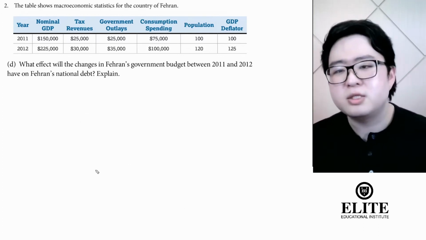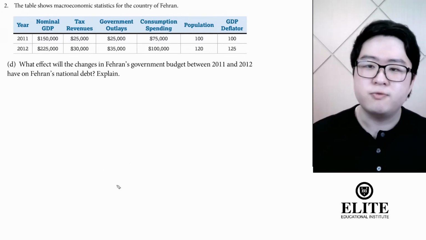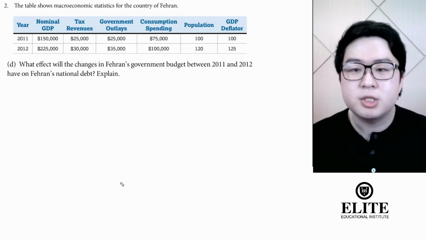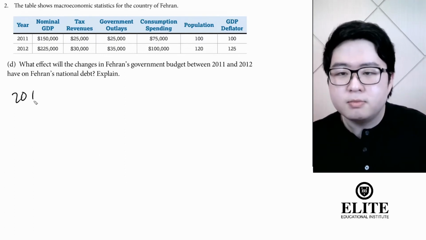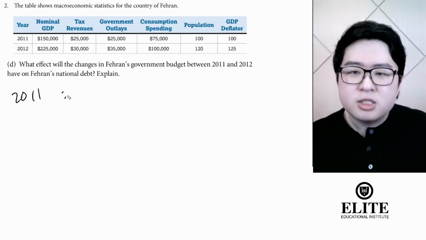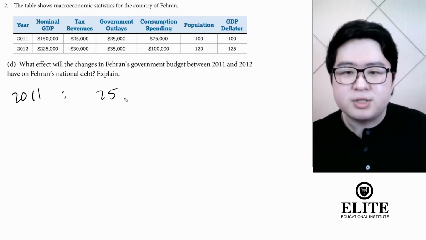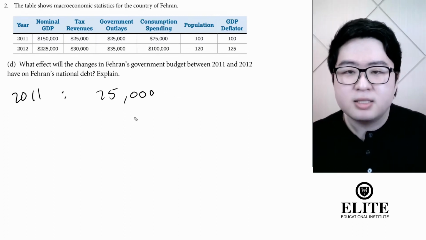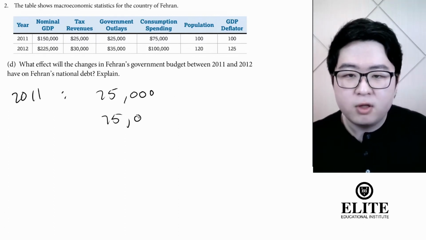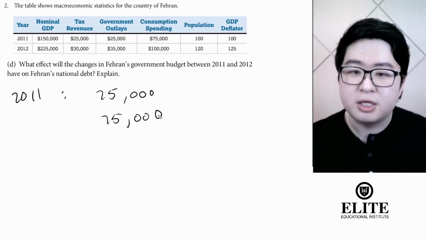So let's see what is the budgetary situation for Iran in 2011 and the budgetary situation for Iran in 2012. Right? So for 2011, it took in $25,000 worth of tax revenues, right? And it spent $25,000 in government outlays.